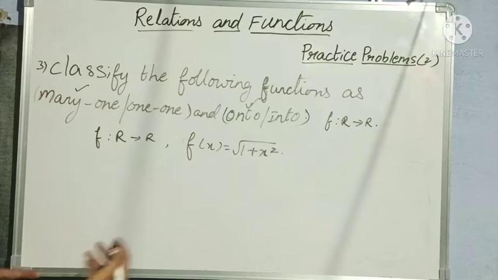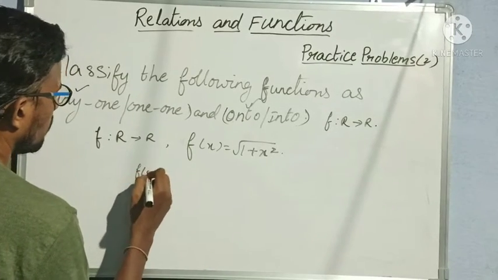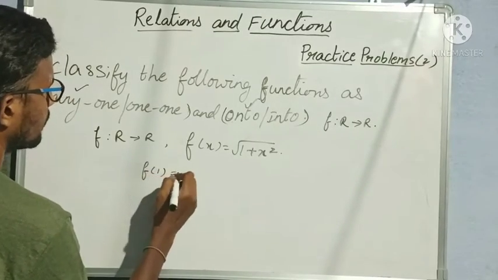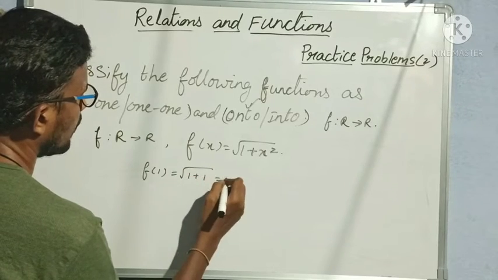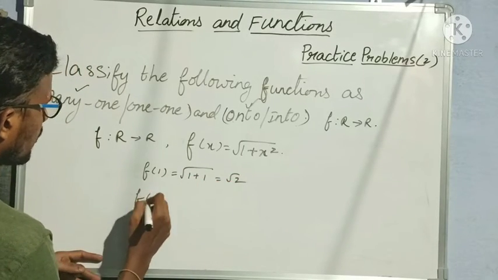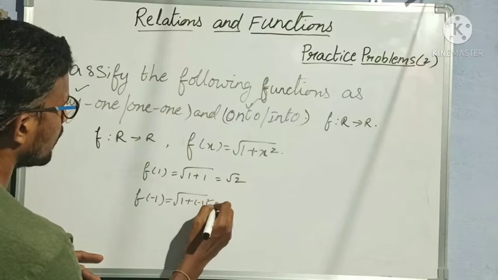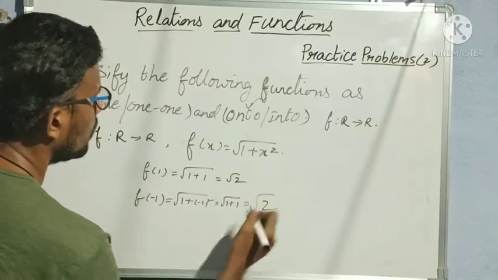So let us see f of 1. f of 1 is square root of 1 plus 1, that is root 2. f of minus 1 is square root of 1 plus minus 1 whole square, that is root of 1 plus 1. So this is also root 2.